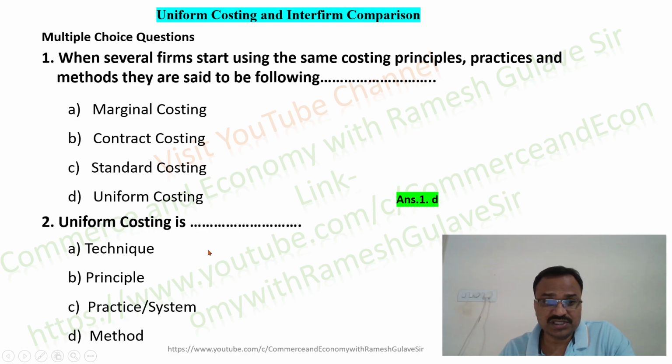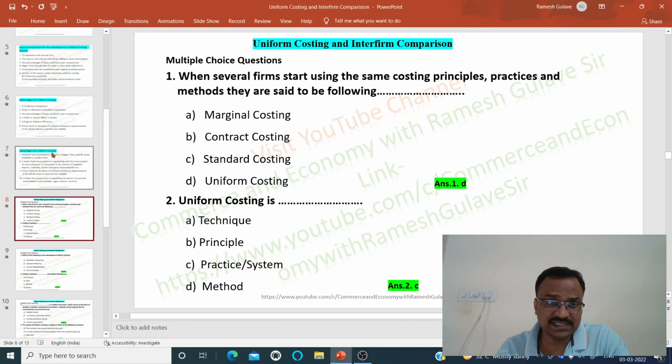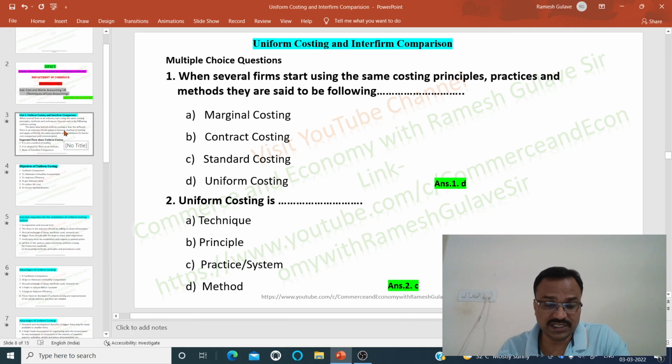Basically, uniform costing is a practice or system where several firms start using the same costing techniques, principles, or methods. To understand the concept properly, I would like to discuss it first, and we will come to the further multiple choice questions after understanding the concept of uniform costing.